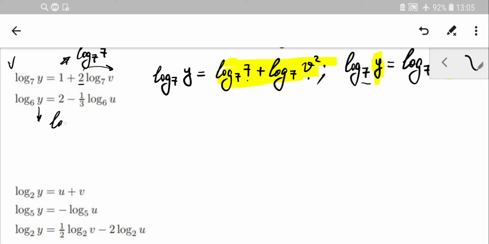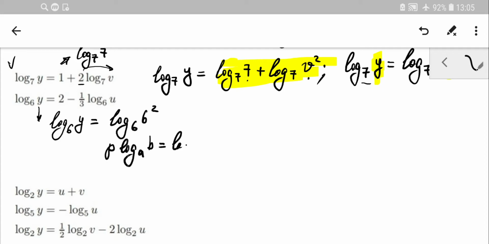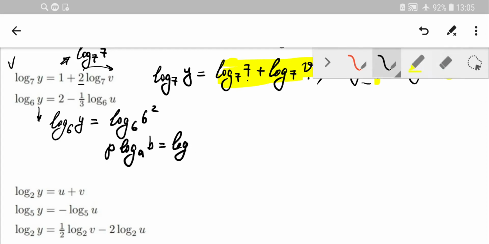Log with the base 6 of y equals, so how do we get 2 using the log with the base 6? You can use the property that p times log a of b is the same as log a of b to the power p.